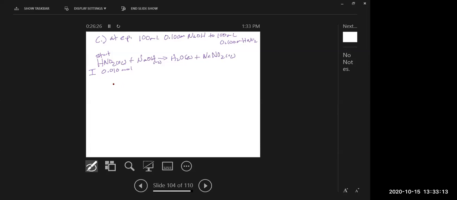What you should know, though, is this is the last way you could figure things out: I'm at the equivalence point. I know I'm starting with 0.01 moles of my nitrous acid. Because the definition of equivalence point is equal moles, without doing a calculation, I should know I need to add 0.01 moles of sodium hydroxide.